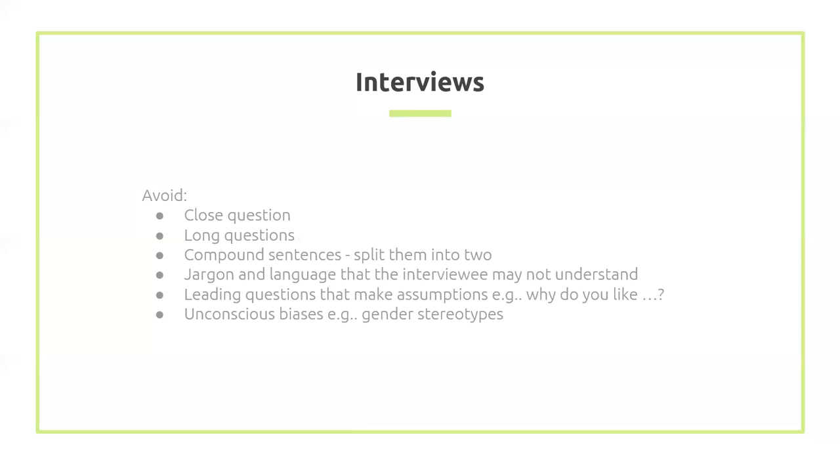What is jargon? Istilah. Jargon is istilah, or language that is probably foreign or difficult for our interviewee, for our participant, to understand. Try to think whether you have put the sentence in the easiest possible way.